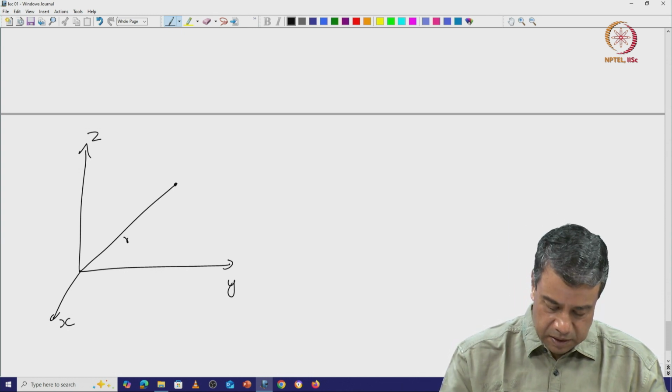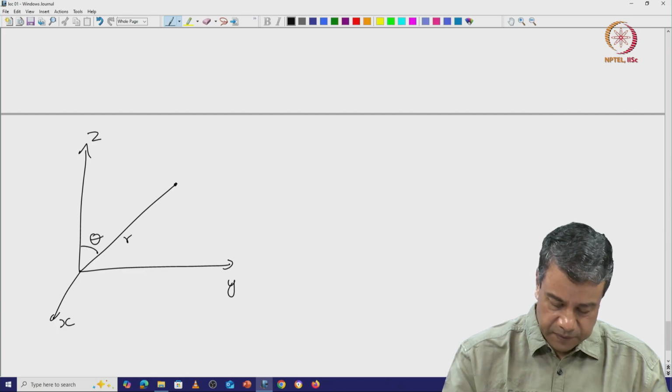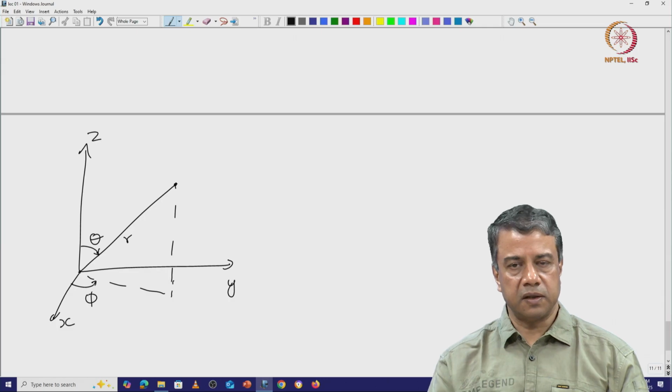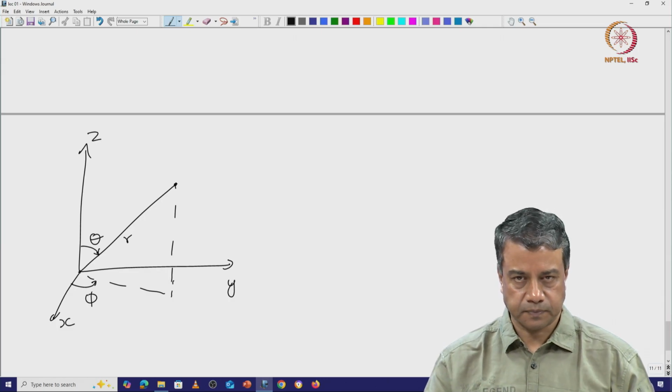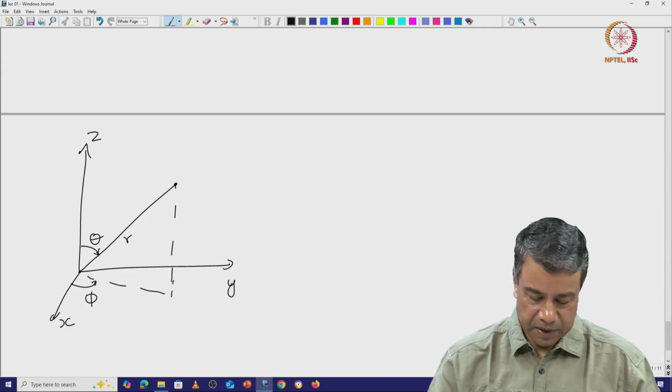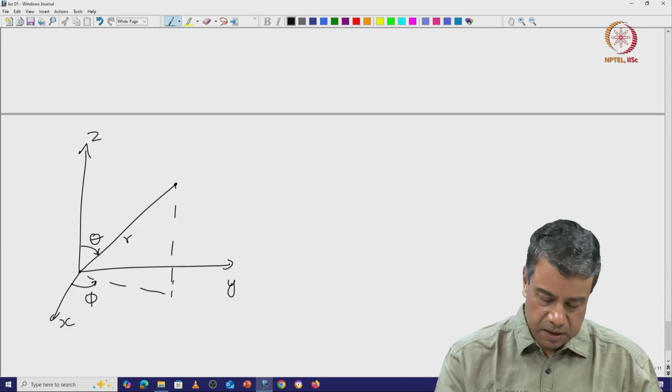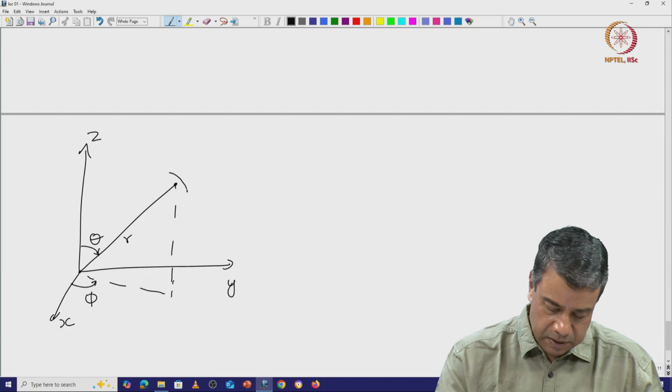So, this is r, this is theta and this is phi. The 2 surfaces that are perpendicular to the r direction are surfaces of constant r.